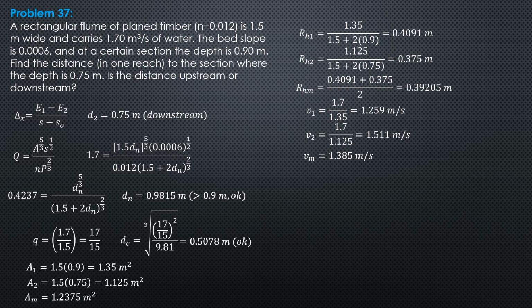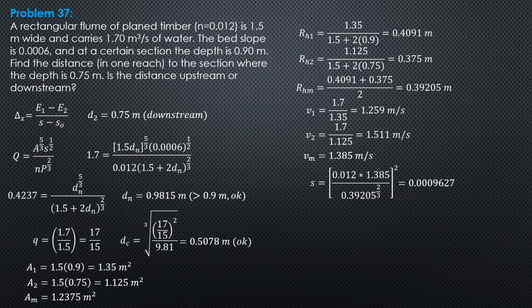From there, we can now compute the average slope of the energy grade line, which is quantity n times Vm over mean hydraulic radius to the 2/3, quantity squared. So 0.012 times mean velocity over mean hydraulic radius to the 2/3, quantity squared. That's just the formula for slope. So slope is 0.0009627.